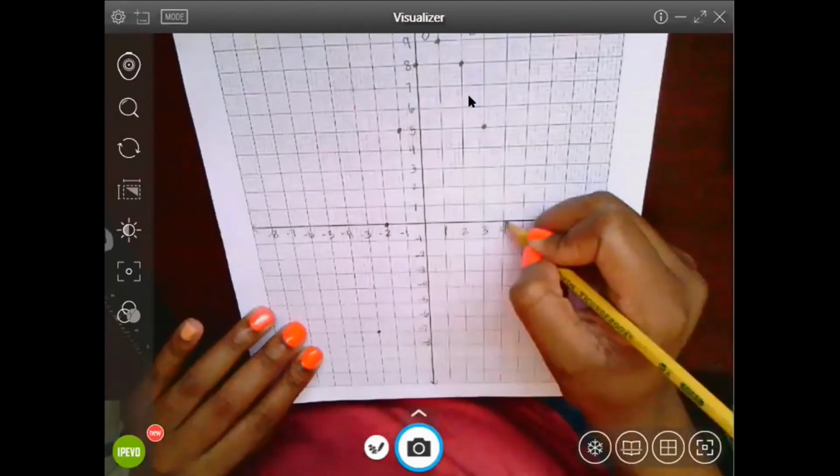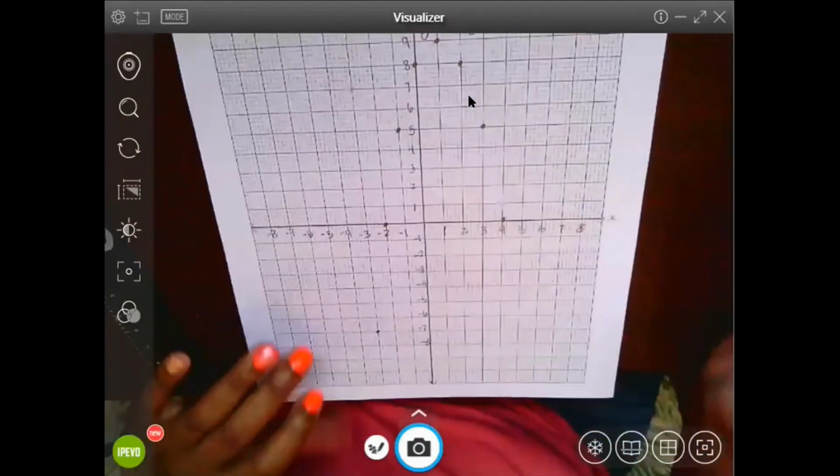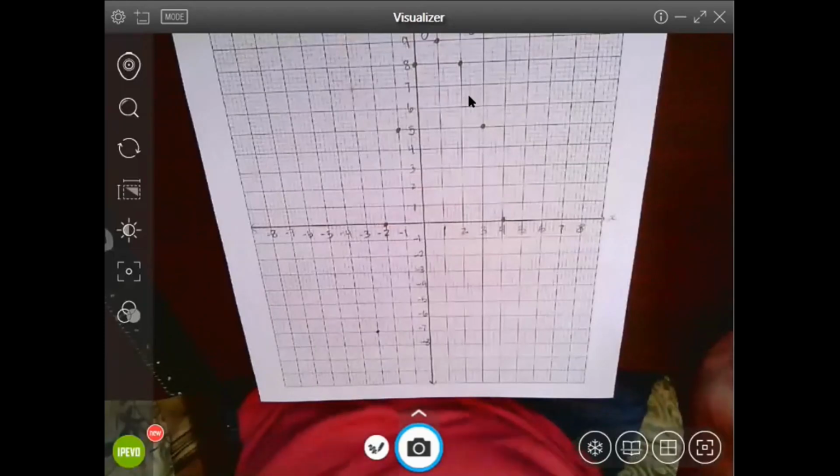All right, and so I have all of my points, and I'm going to try my best to connect them all in a smooth curve. Next question, let me just put this working back on the screen.